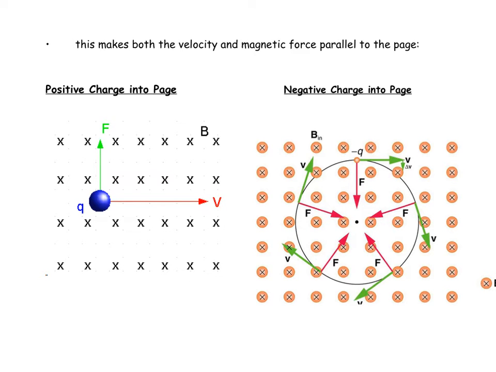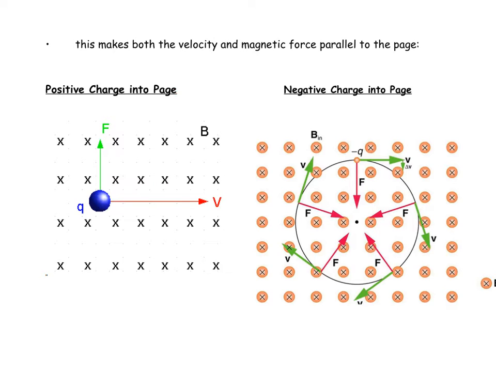So here are some typical pictures describing the direction of magnetic force, the velocity of the moving charge, as well as the magnetic field. All right, so in this case, we're going to look at a positive charge. Positive charge means that you're grabbing your right hand.